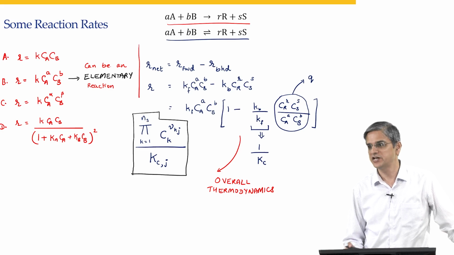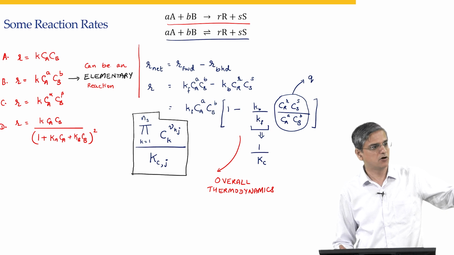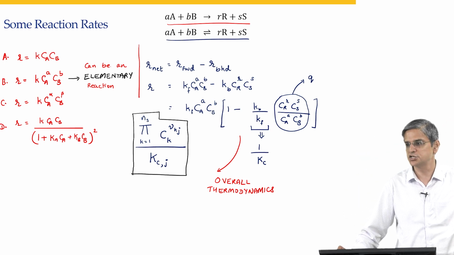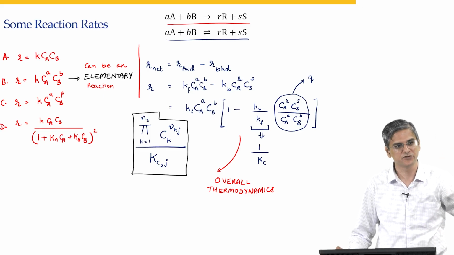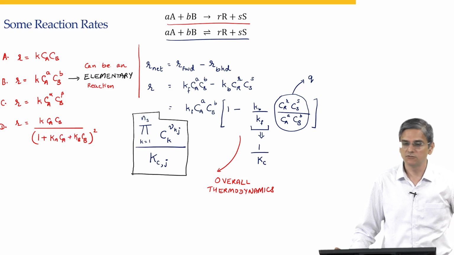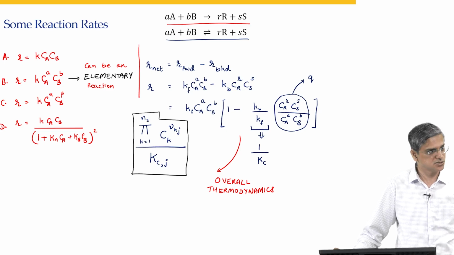If a reaction is elementary, then in the power law, the powers that the concentrations or partial pressures are raised to will be equal to the stoichiometric coefficients. If they are not equal, the reaction is definitely not elementary. If they are equal, it is possible that the reaction is not elementary.